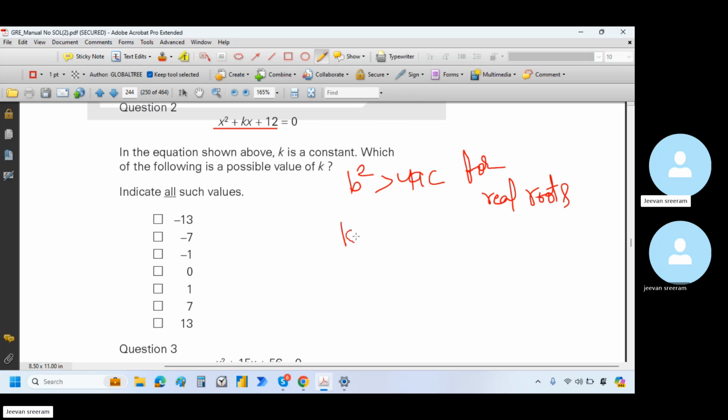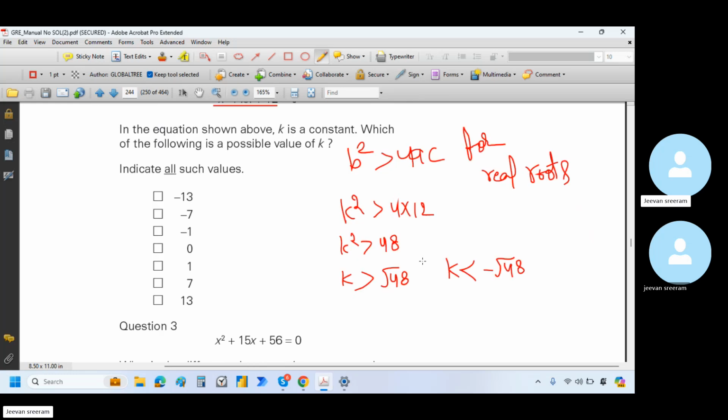Okay, b square, k square greater than 4ac, k square greater than 48. So k must be greater than root 48, or k less than minus root 48, right?